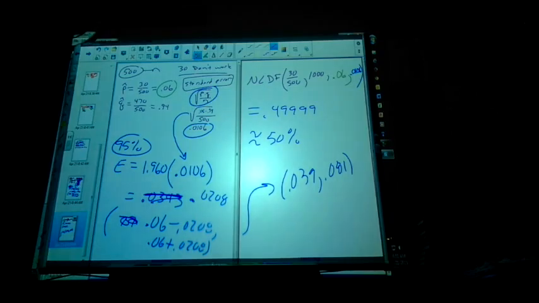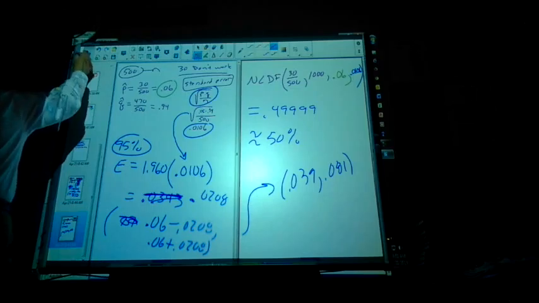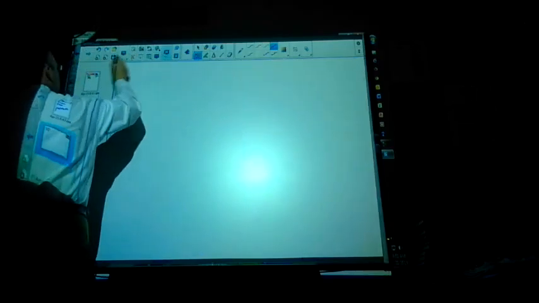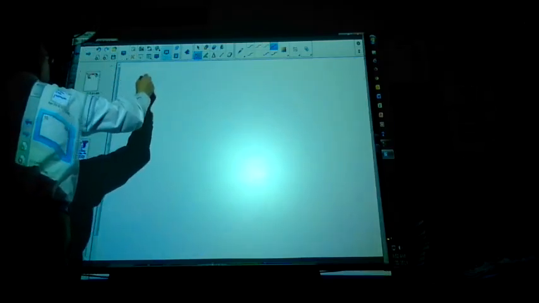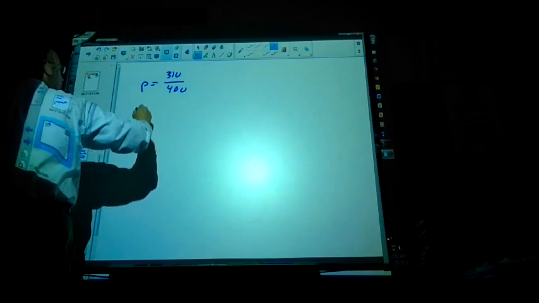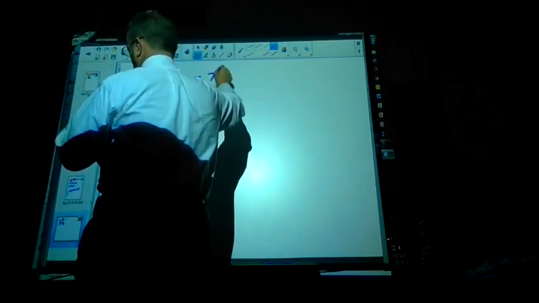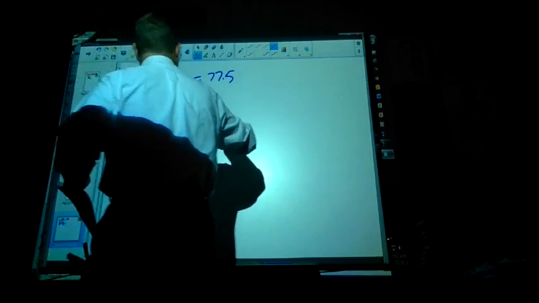So I will tell you that on number 2, we have the probability that you'll be stopped is this. So then this is Q, which is 90 out of 400. So you're talking about 77.5 and 22.5.